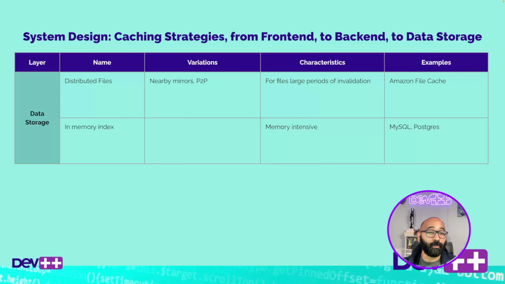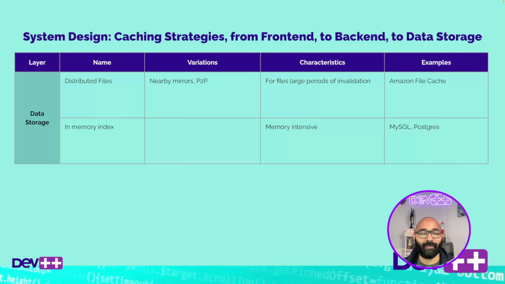Another example of distributed files is peer-to-peer communication, such as the BitTorrent protocol. What BitTorrent does is split the files into pieces and store copies of that file within nodes, so that when you ask for a file from one of the nodes, you just have to search for the pieces nearby, right?